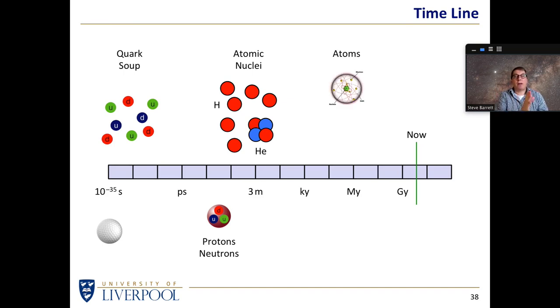And nothing much happens for a third of a million years until the nuclei start to catch some of those electrons and the universe is cold enough for atoms to form. Once atoms form, the universe is transparent. As soon as the universe is transparent, the light is released, and we see that today as the cosmic microwave background.